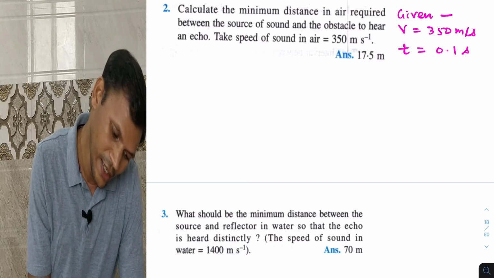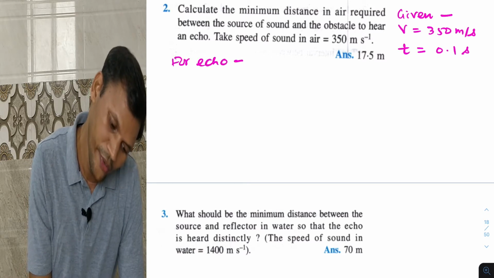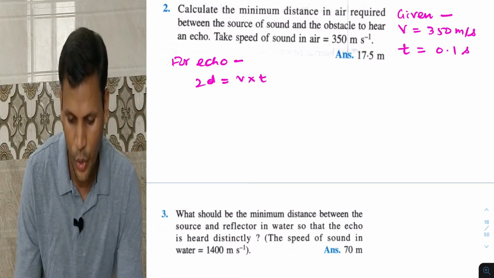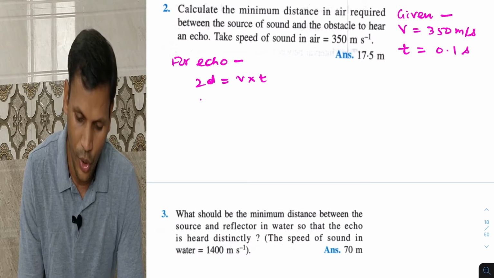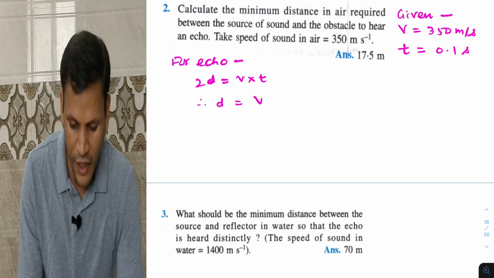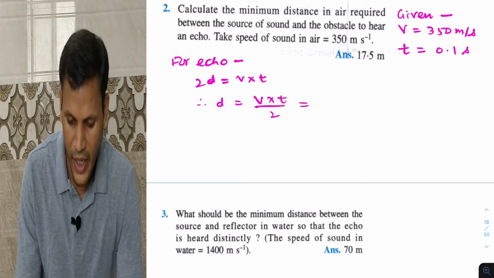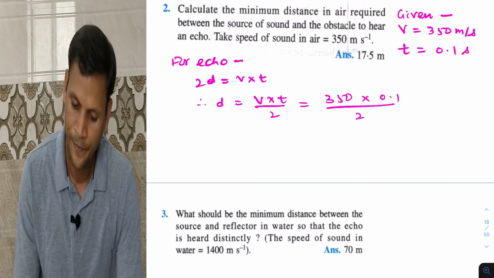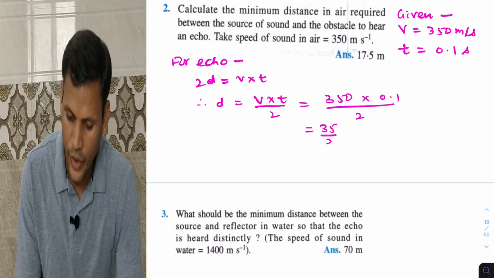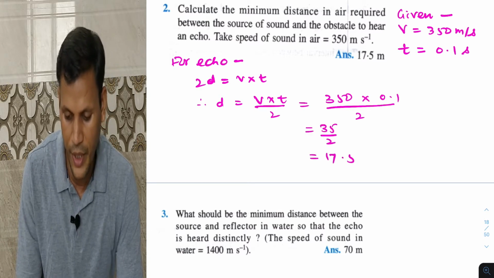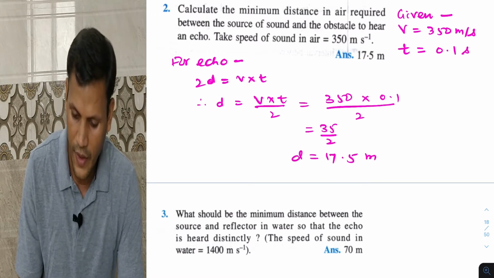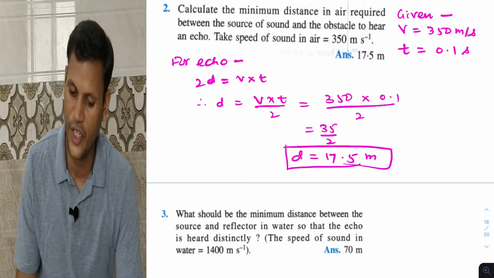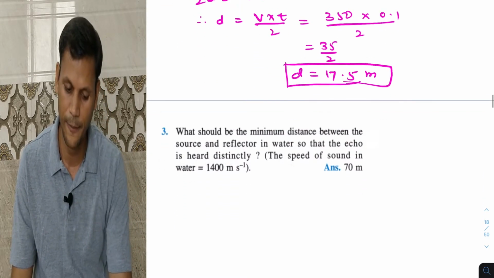So for echo we have 2D equals V into T. So distance D will be V into T by 2, which we can write, V is 350 into time is 0.1 upon 2. So it will be 35 by 2, which will be 17.5 meter. It is the minimum distance for the echo if the velocity of sound wave is 350 meter per second.